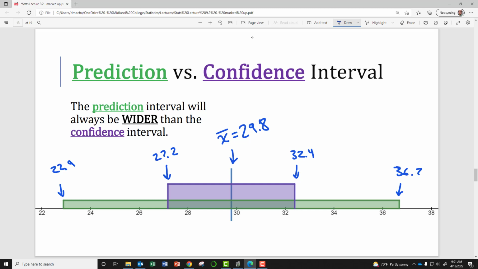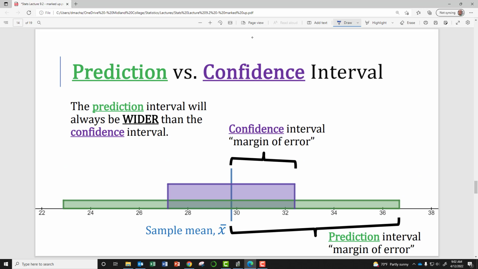So just to recap, the prediction interval says I'm 95% certain that the next measurement I take from this random process is going to fall inside my prediction interval. My confidence interval says I'm 95% certain that whatever the true population mean is, it falls somewhere within my confidence interval.